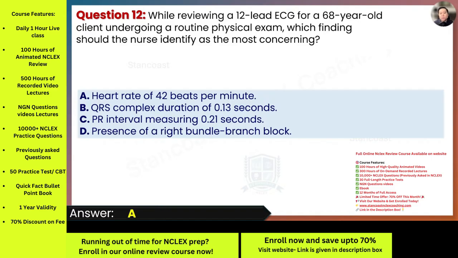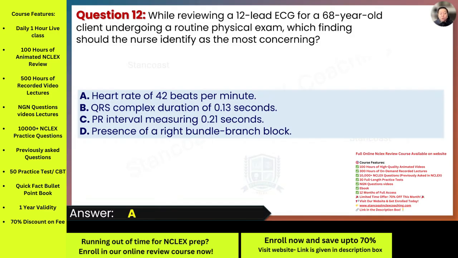Now, in this case, when you're reviewing the 12-lead ECG of this 68-year-old client, take note of the age. You have to be vigilant about the changes that could indicate an urgent issue. Now, why is letter A the correct option? This is basically severe bradycardia, right?